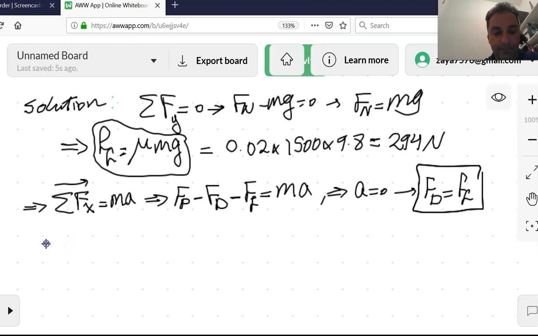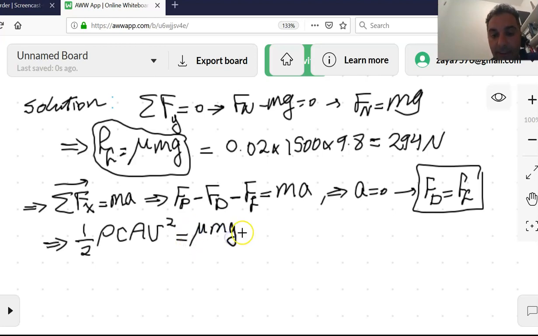It says at what speed Fd is equal with Ff, drag force is the same as friction force. Therefore, if I substitute drag force, I'm going to have 1/2 rho C A V squared equal with friction force, mu mg. They want me to find speed, so let's solve it for speed.